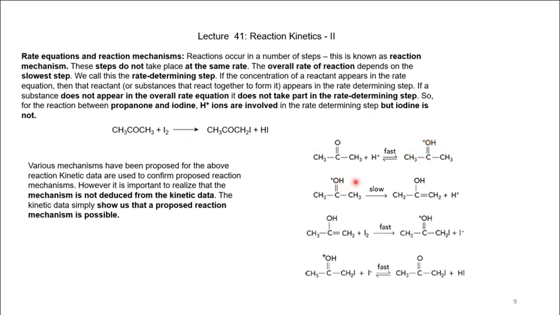Then this one becomes slow, and we get this product and the hydrogen ion. That is one way. The next way is with iodine in a fast reaction, and we get this product, which then decomposes in another fast reaction, and then we get this one.